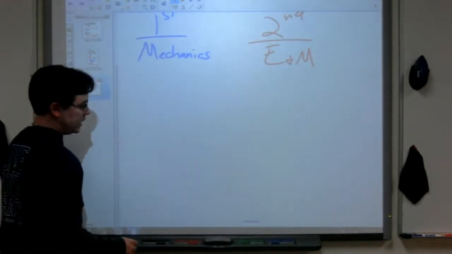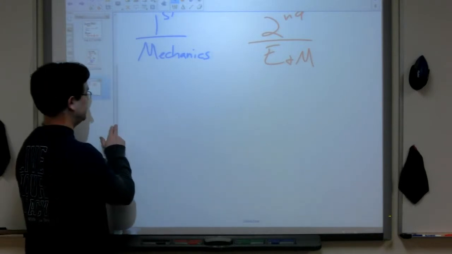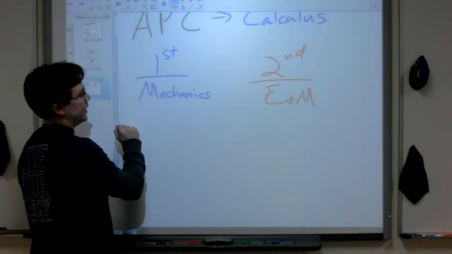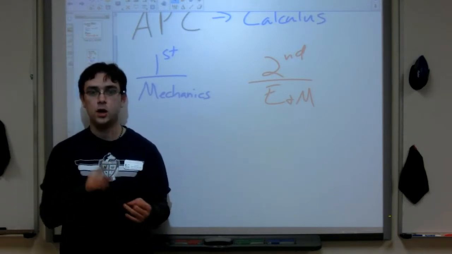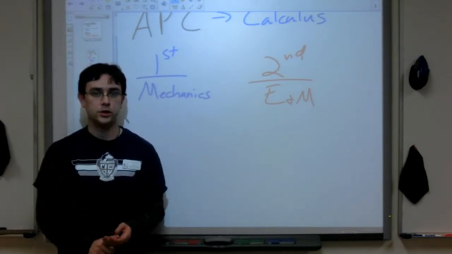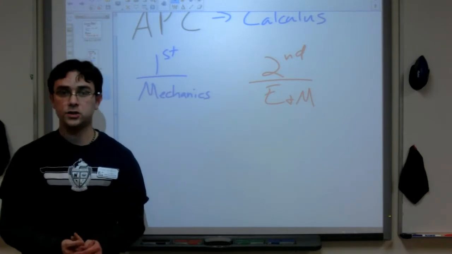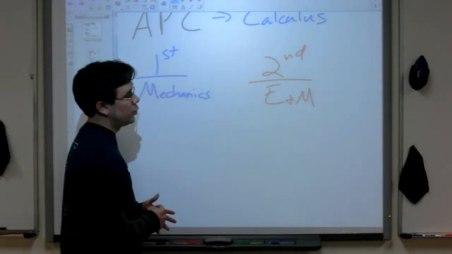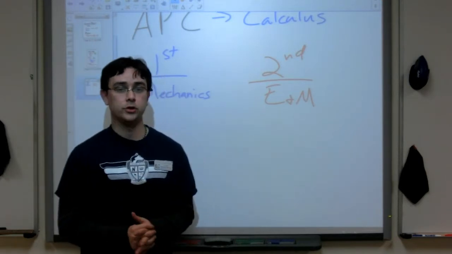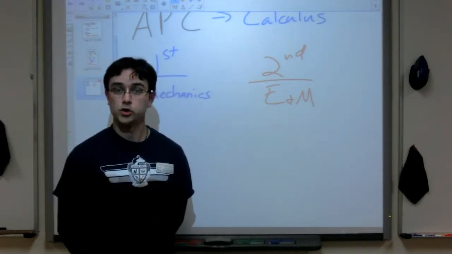For APC, again, the first semester, for the most part, is mechanics. You're going to learn all the regular stuff for Newtonian mechanics, so objects in motion, forces, energy, collisions, harmonic oscillations, a little bit of mechanical waves. In the second semester, we focus entirely on electricity and magnetism, the forces on charged particles.